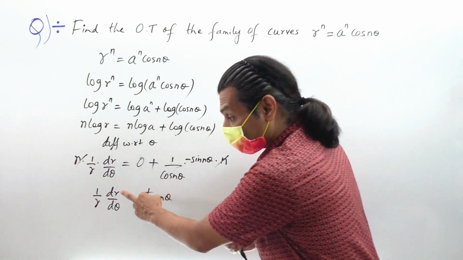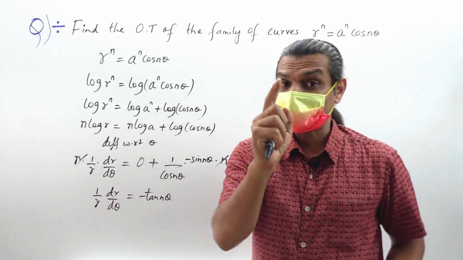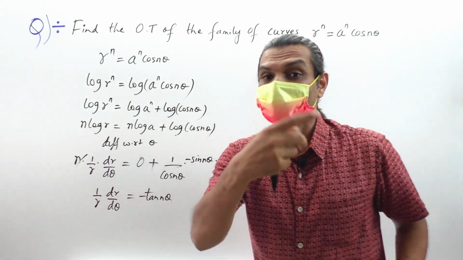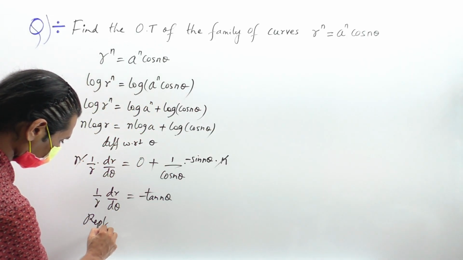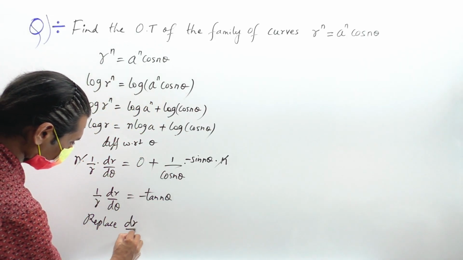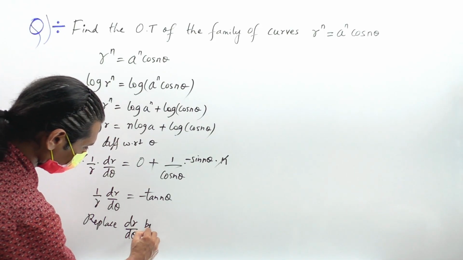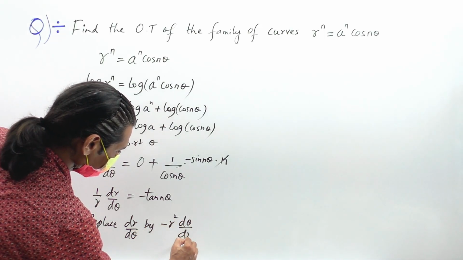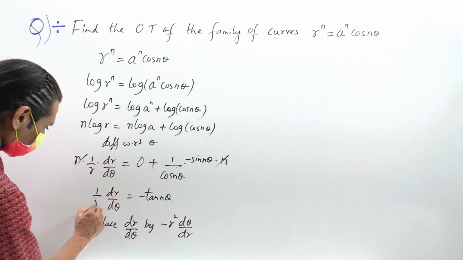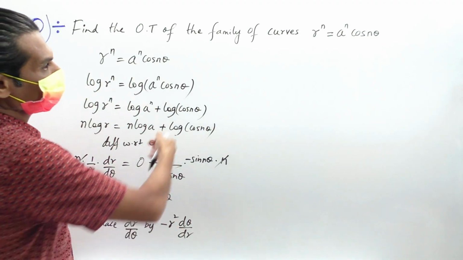Listen to me. Replace dr by d theta by minus r square d theta by dr. I'll better write it here. So now replace dr by d theta by minus r square d theta by dr. So replace this.